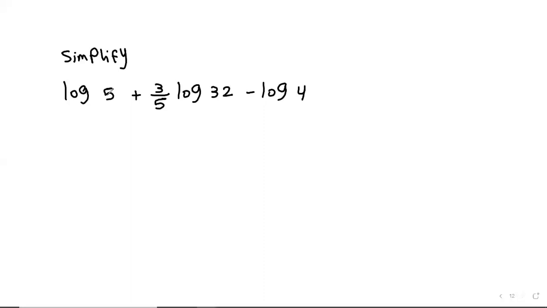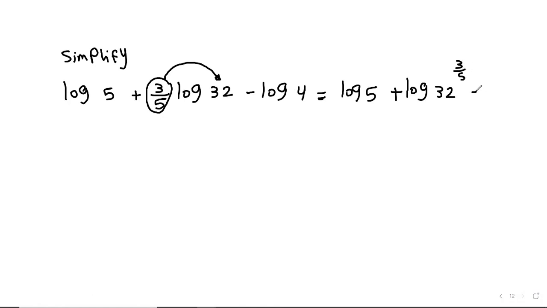Simplify log 5 plus 3 over 5 log 32 minus log 4. That is equal to log 5 here, plus we have this number multiplied by log, so we can write it as a power. So it's going to be log 32 raised to the power of 3 over 5 minus log 4.